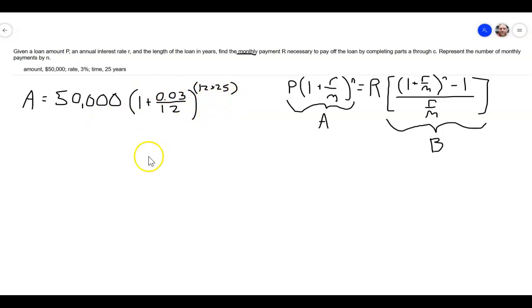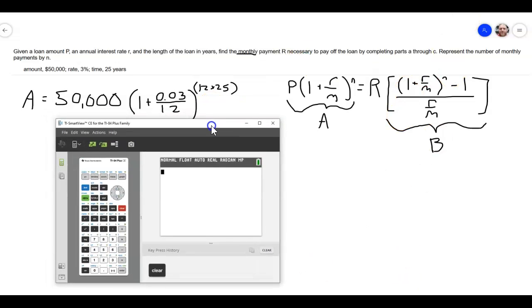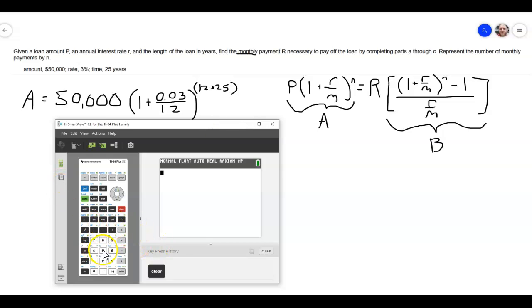So let's go ahead and figure out what that A is. I'm going to pull up the calculator. All right, and I can just stick that right in there. So that's going to be 50,000, 1 plus 0.03 divided by 12, close parentheses, raised to the 12 times 25.